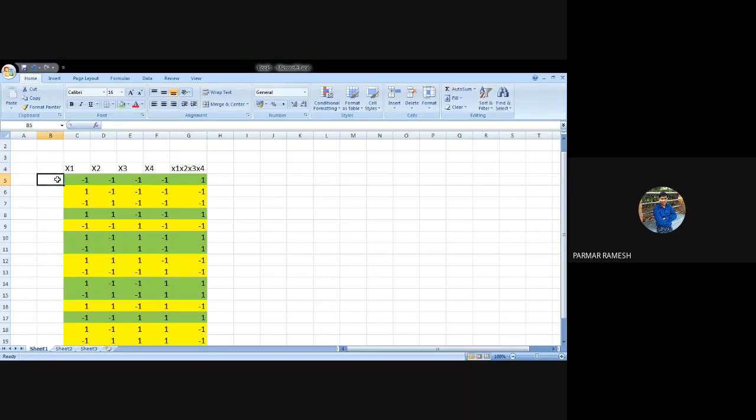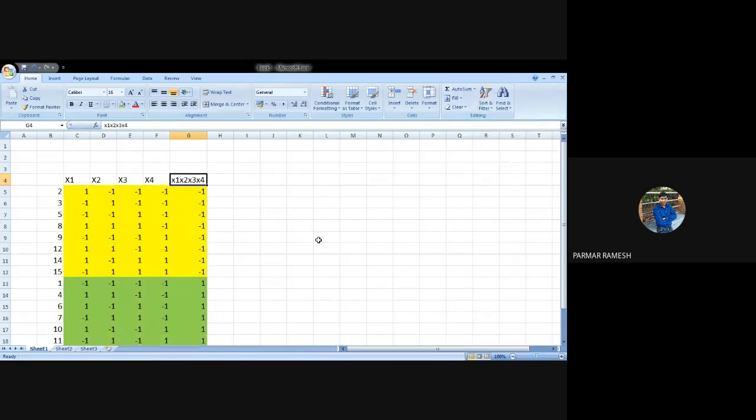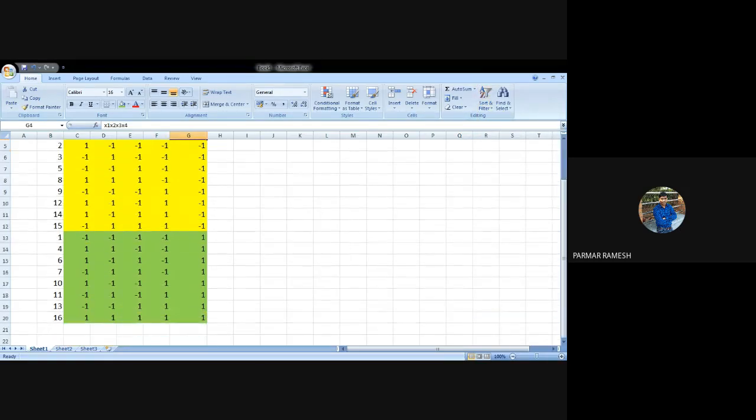So this is a standard order. Now, if we change them according to this order, now changed.